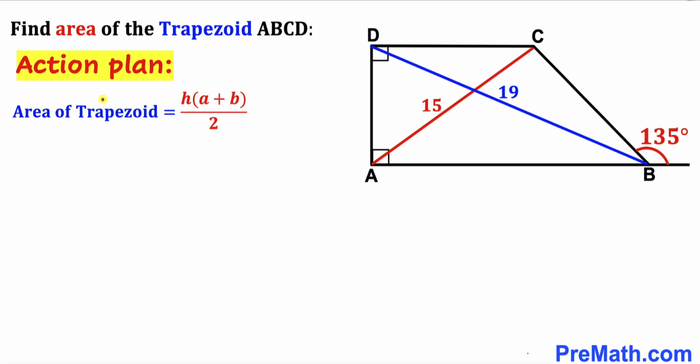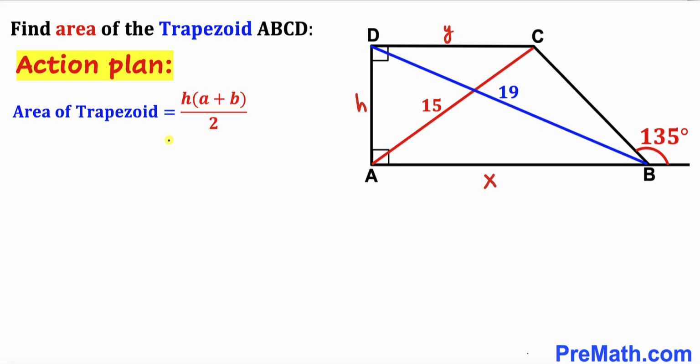And now let's recall the area of a trapezoid formula. Area equals height h times A plus B all over 2. And we can see that this AD is the height h of this trapezoid. Let me label this side length AB as x and the side length CD as y.